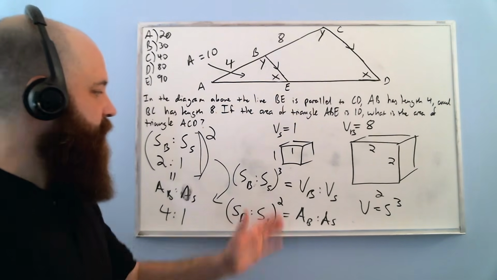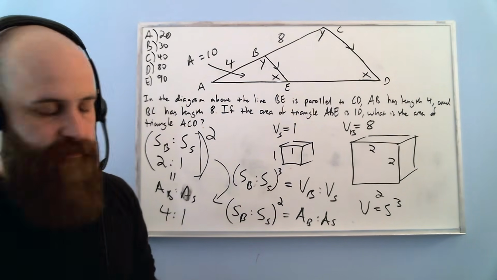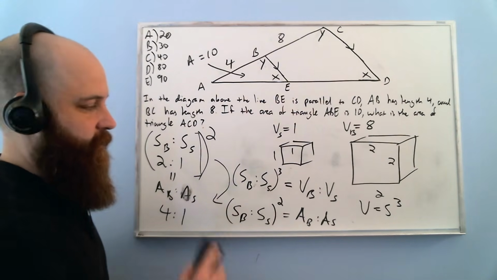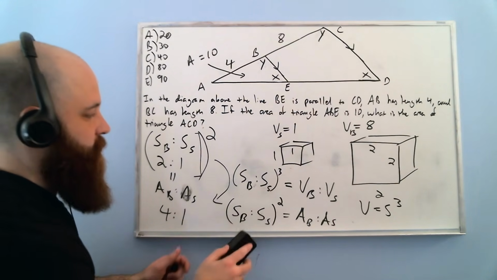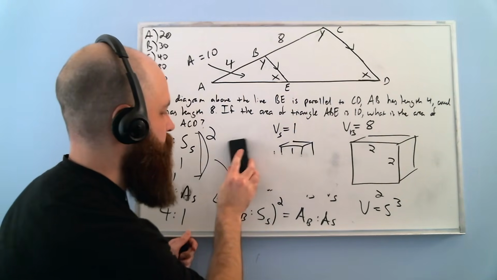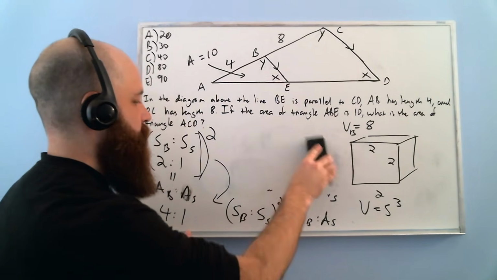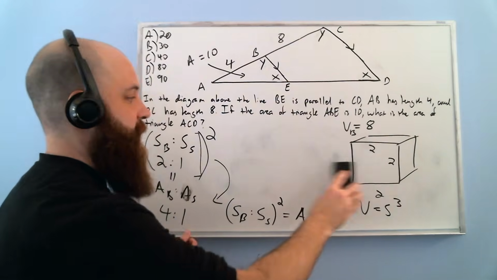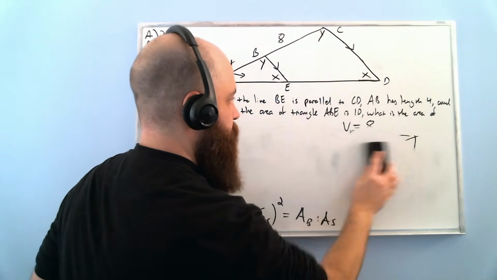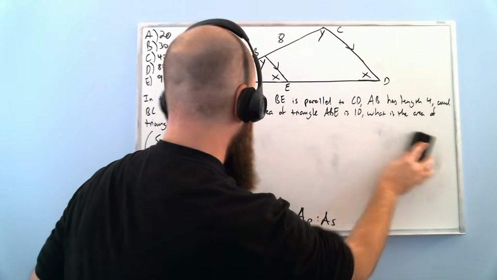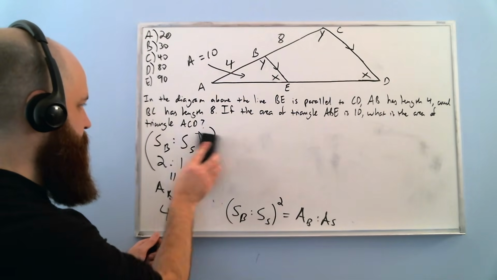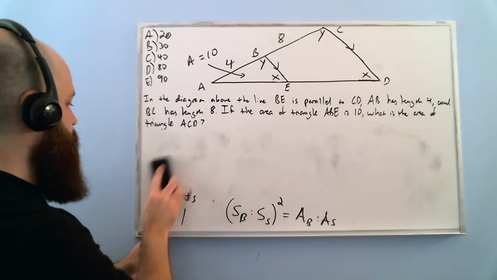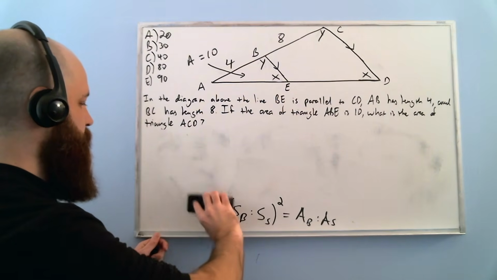Okay, so let's proceed and apply this logic to this question. Because this question is about areas, not about volumes, I'm going to stick with this formula here. Again, that formula is the ratio of the side lengths, whatever that is. If you square it, you get the ratio of the areas. So my question would be, what is the ratio of the side lengths?